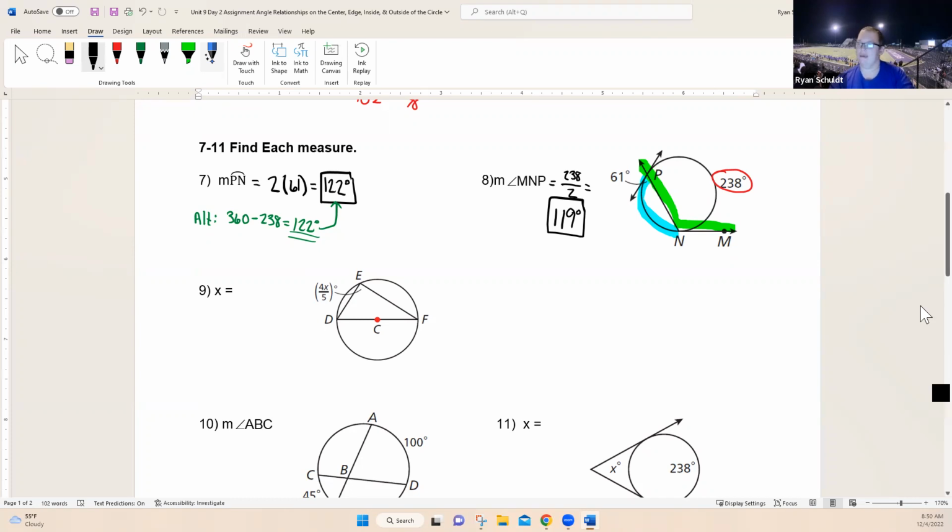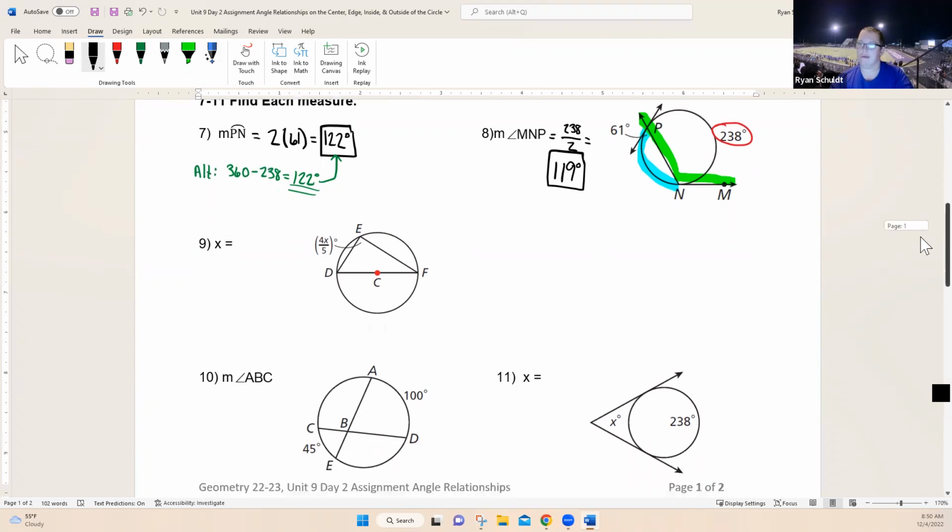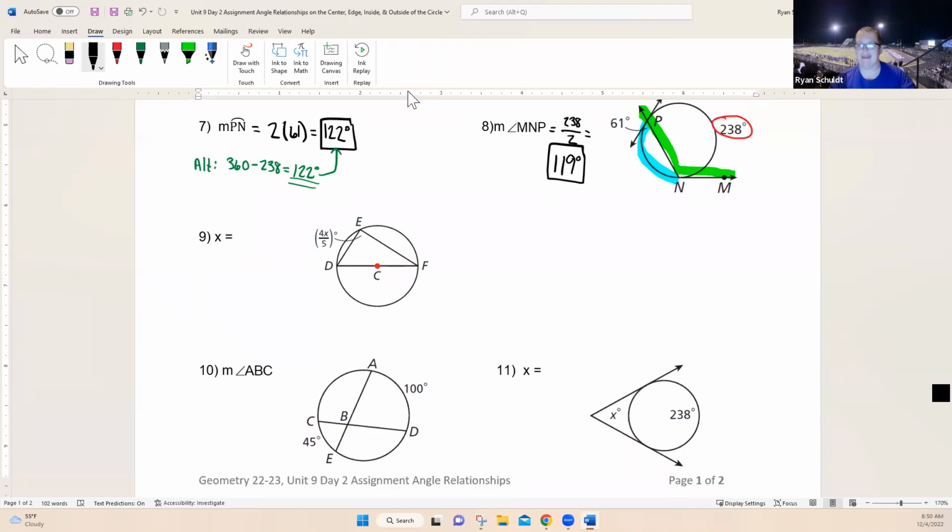Number 9. They want us to find X. Well, X is dealing with this angle that's on the edge of the circle. It's on the circle itself. It's not inside, it's not outside, it is on it. What do you notice DF is?